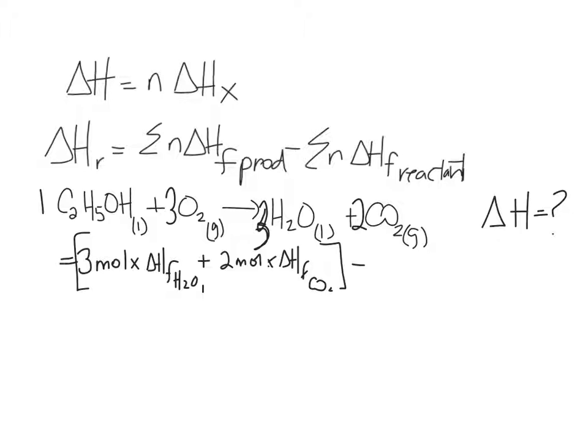From this, you are going to subtract the sum of 3 moles times the molar enthalpy of formation of O2 plus 1 mole times the molar enthalpy of formation for ethanol.